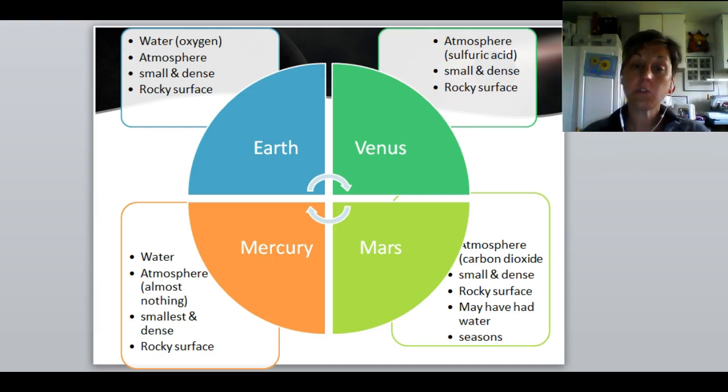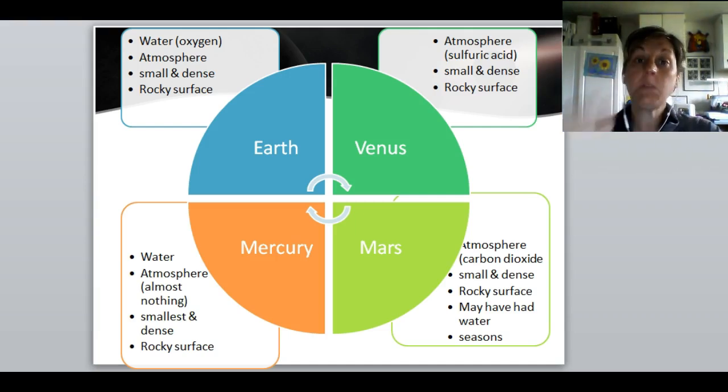Some other characteristics of the Earth are that it's small and dense, and it has a rocky surface. Venus does have an atmosphere. It's just not a very hospitable atmosphere. It is made up of sulfuric acid. Not very pleasant. It is also a very small and dense planet, and it has a rocky surface.